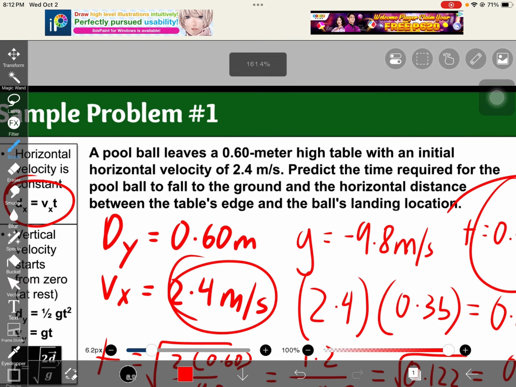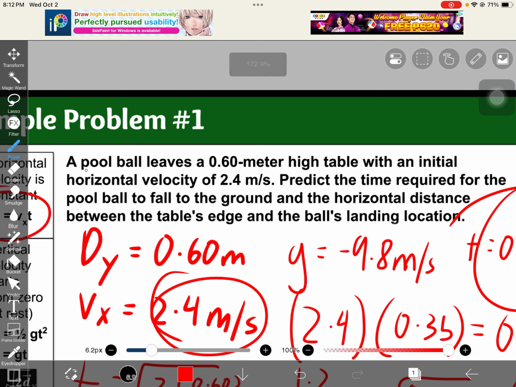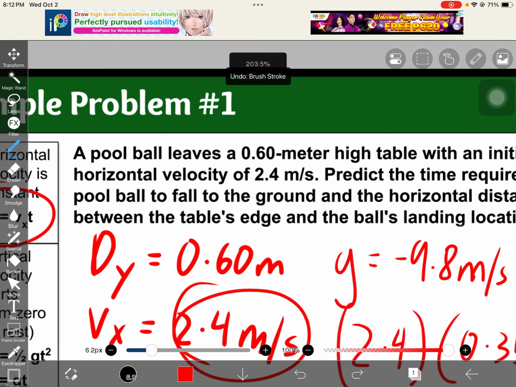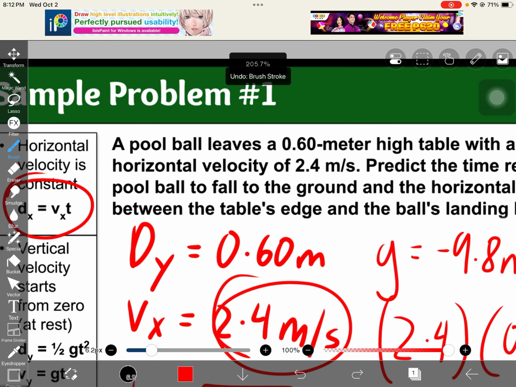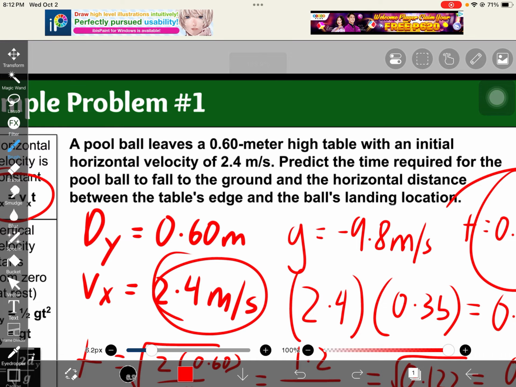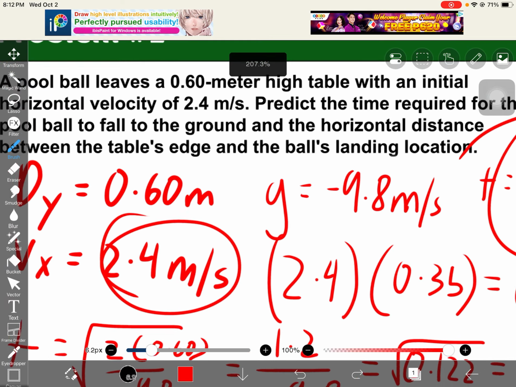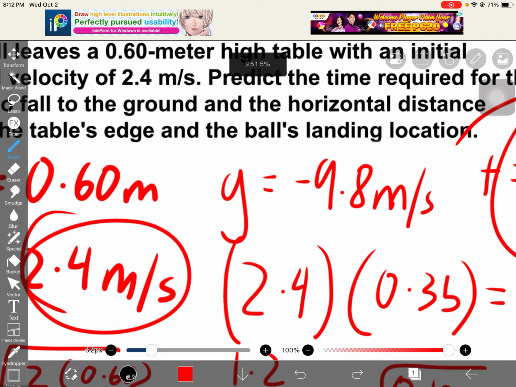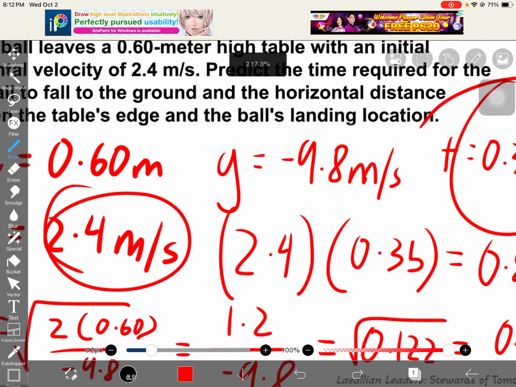So I'm going to recap. We analyzed the problem. We took what was given, the 0.60 meter high table, the horizontal velocity of 2.4, and we know that g is always negative 9.8.